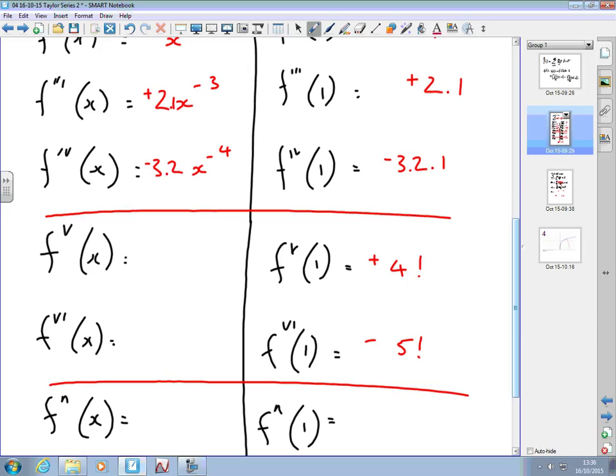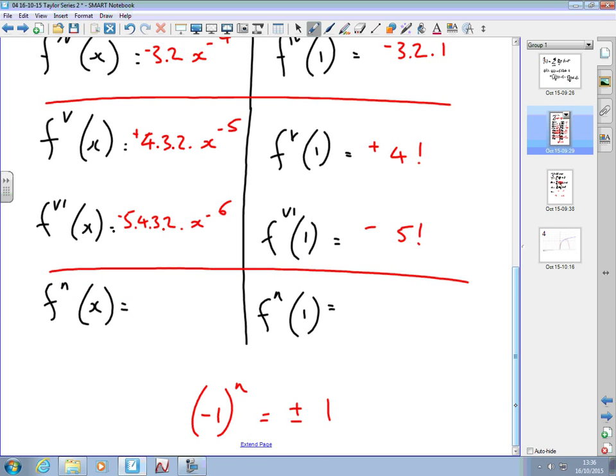Minus 4 times minus is plus 4 times 3 times 2. And hopefully you can see now why the factorial comes in. Whenever you do successive differentials, the factorial often appears. Minus 5 times 4 times 3 times 2, x to the minus 6.